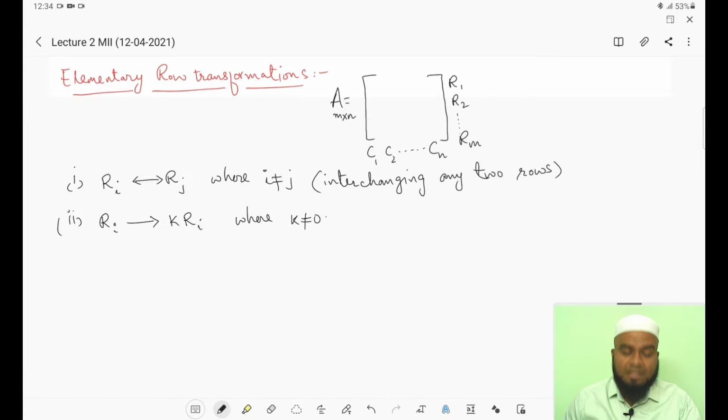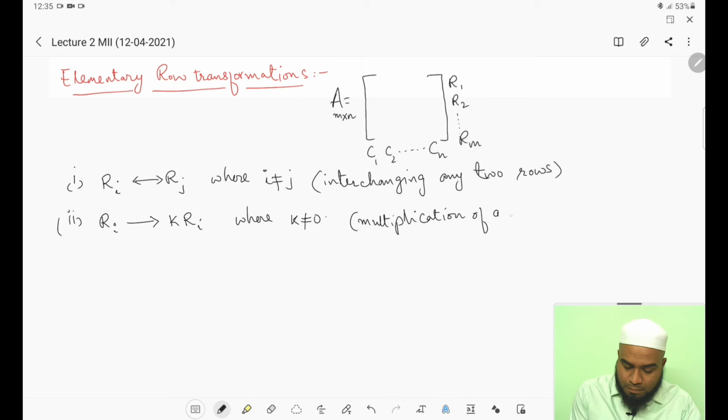We should multiply with a non-zero constant, right? So this is called as scalar multiple. This is called as multiplication of a row by a non-zero constant.